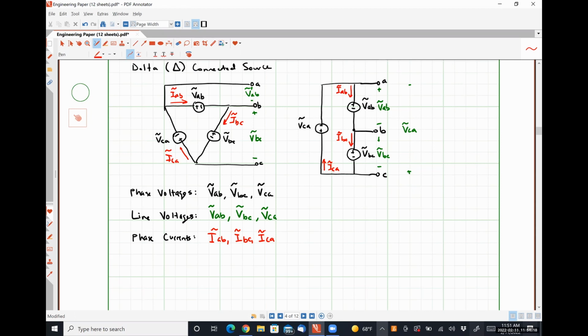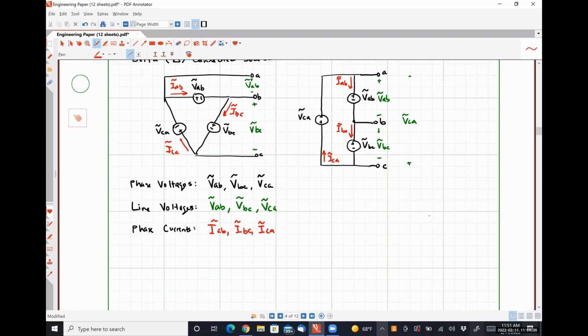All right, so let's move along to our loads. We only have two options for sources, a Y connection and a delta connection. We will have the exact same two options for our loads: a Y connected load and a delta connected load.